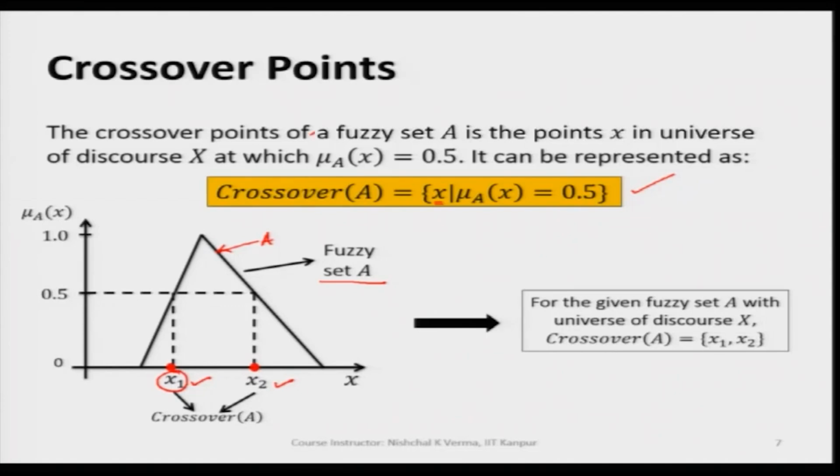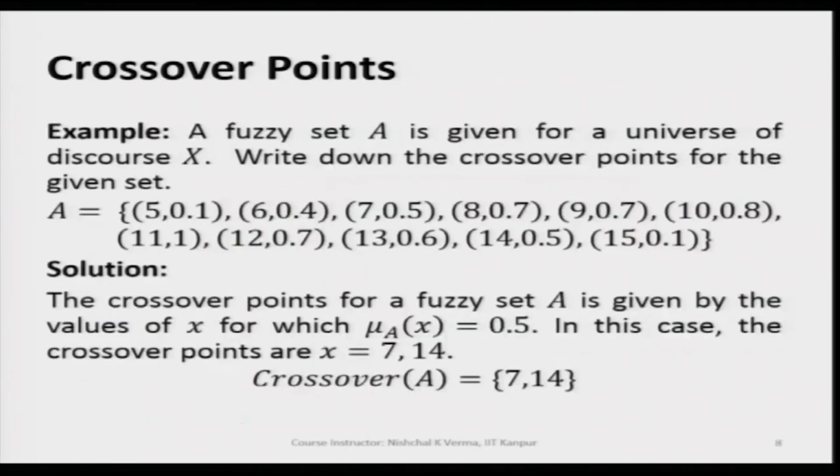Similarly, if we would like to understand better, we can refer to this example for crossover points. If we have a fuzzy set A like this, in this fuzzy set we have 1, 2, 3, 4, 5, 6, 7, 8, 9, 10, 11 elements, or 11 pairs.